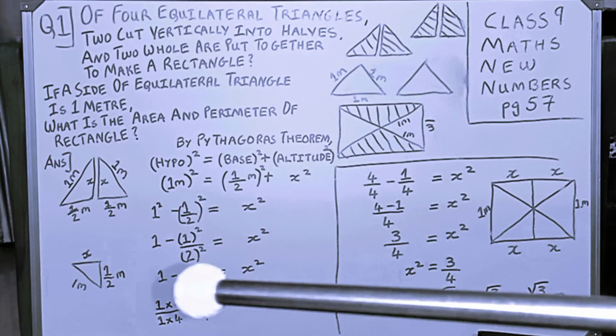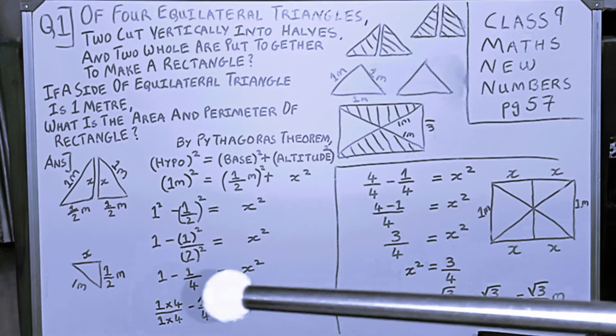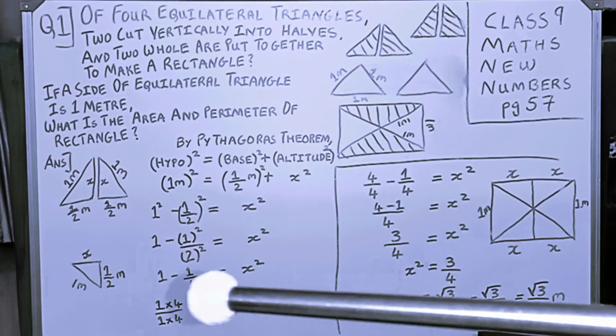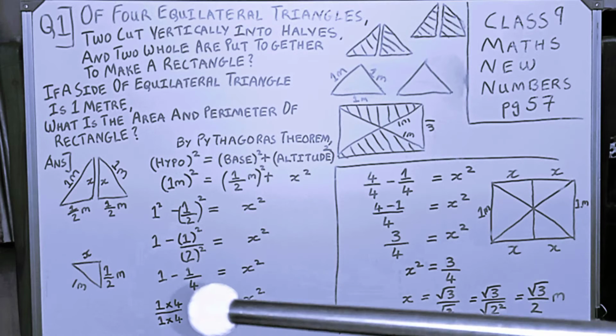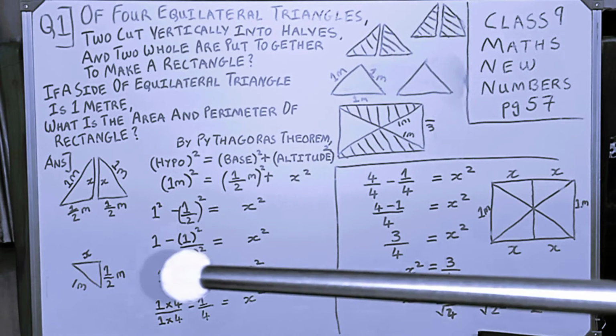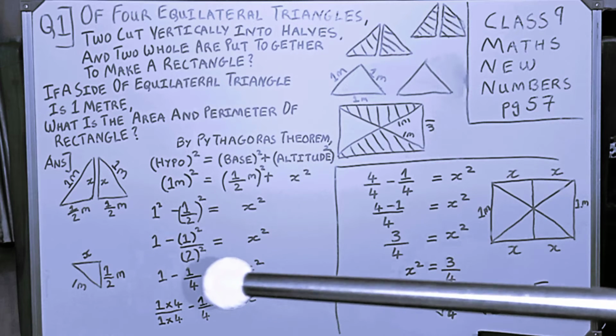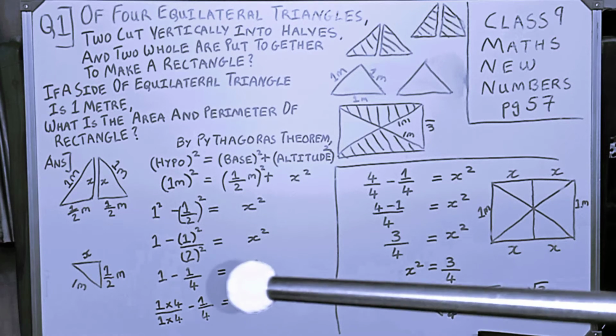Now we have to make these two terms similar. The denominator we already have 4 over here. So multiplying and dividing by 4, you will get 1 itself if you cancel 4 on top and bottom. That is why we have selected 4.